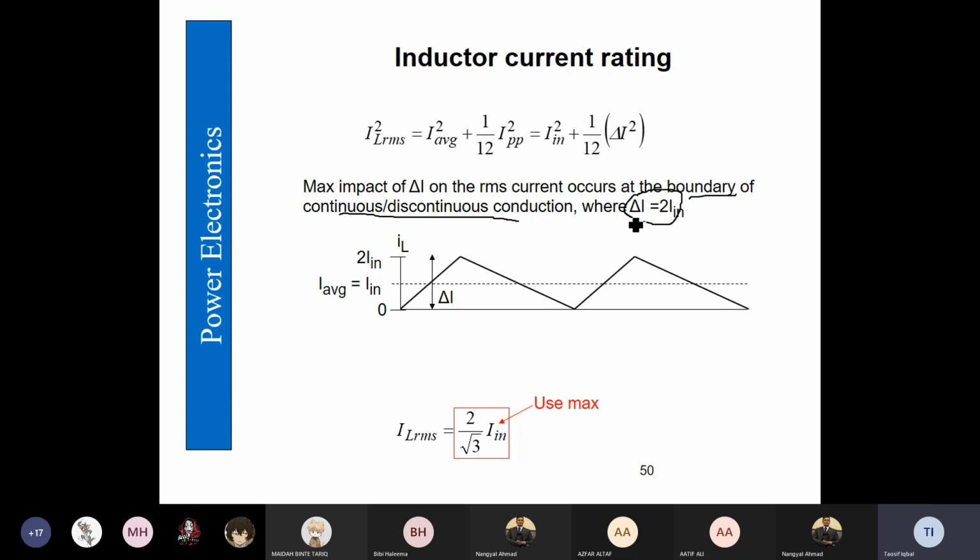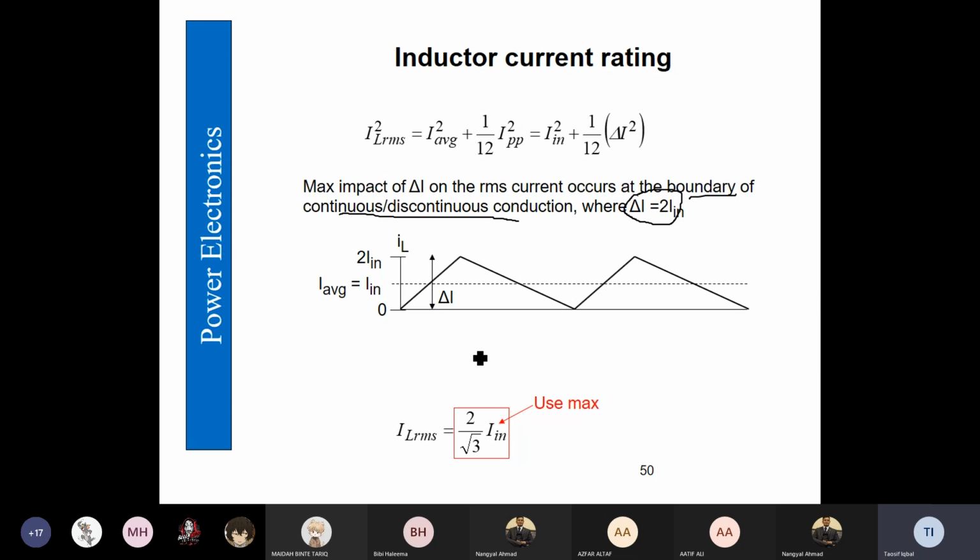At that moment, the ripple is going to be very large compared to the input current. And we know for this waveform, the RMS value is going to be 2 divided by root 3 multiplied by the input current. This formula is very similar to the buck converter.